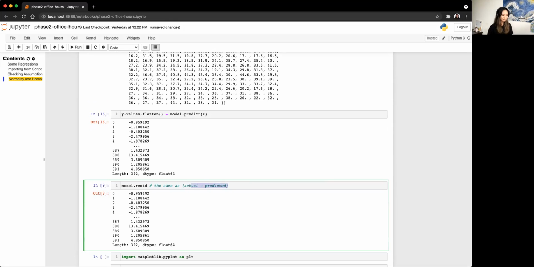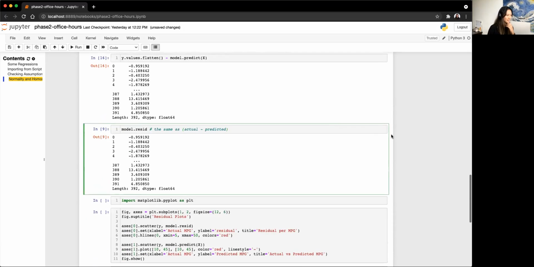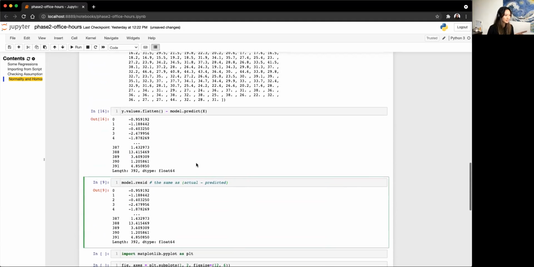Those are residuals. In our next few, we're going to talk through some visualizations that show you how you can make use of residuals and how that relates to RMSE as well. RMSE is actually the root mean squared of these residuals.